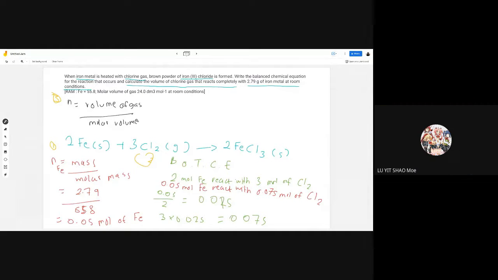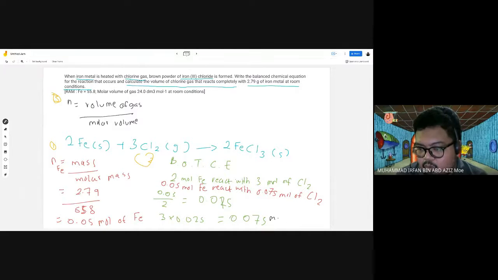You already got the number of moles, so to find the volume, n times by molar volume. So volume of gas is equal to 0.075 times 24 dm³. 0.075 times by 24, you will get 1.8.